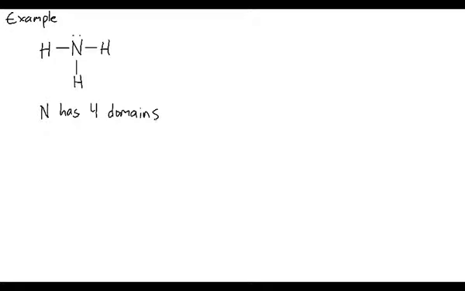And the question is, how do I get 4 domains as far apart as possible? At first, most people think about this and say, well, you could make just like a plus sign. But that's if you're imagining a flat universe. In 3 dimensions, you can actually get further apart than just a plus sign. And so the shape that gets the 4 as far apart as possible is called tetrahedral.